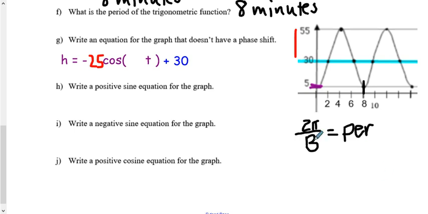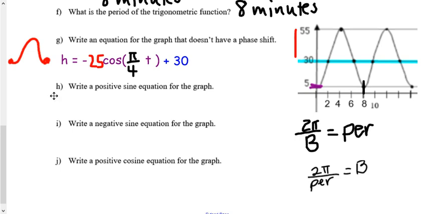If I want to rearrange this equation, multiply b over to the right and divide by the period, to figure out what b, the constant, is for my horizontal stretcher, I have 2 pi over the period equals b. My period was 8 minutes, so 2 pi over 8 reduces to pi over 4. So pi over 4 is what I need to put in that equation. This equation didn't have a phase shift because it started at the bottom and went to the top.